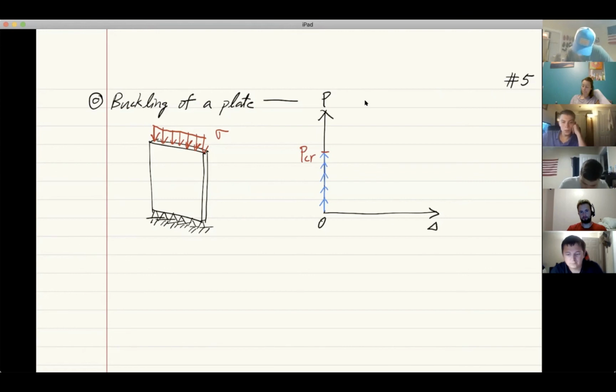But in reality, what's going to happen is usually like this. There will be some sideways before buckling. And then after the buckling load is arrived for the buckling of a plate in this case, there will be slight increase, almost linearly like this. So this is the buckling curve for a typical, in fact, for a simply supported plate.